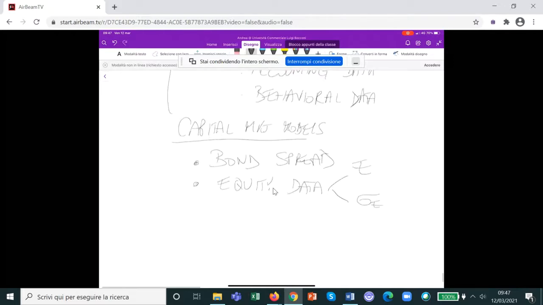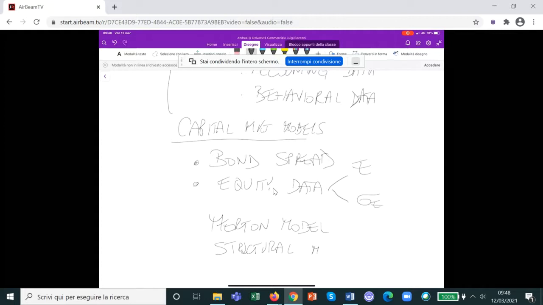And we'll see that by combining these data, using a Merton kind of model, the model originally developed by Robert Merton, who won the Nobel Prize for that, which is a kind of structural model, i.e. it looks at the structural features of a company.